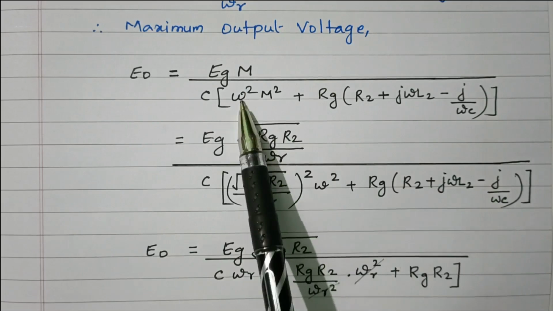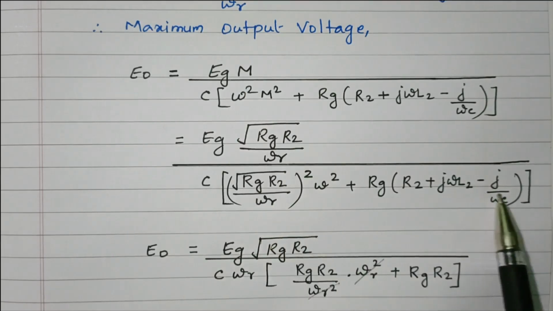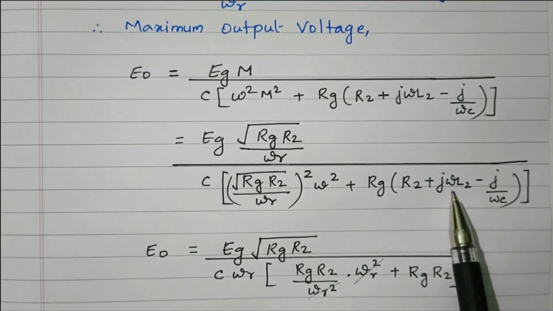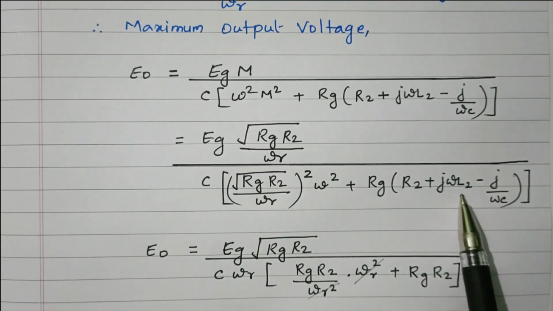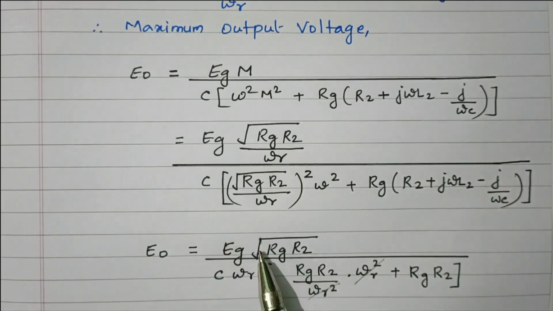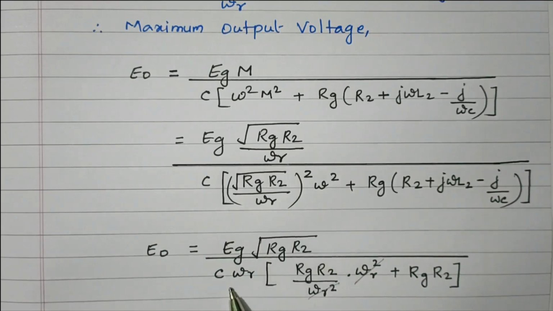Similarly, here also M square is substituted. But at the resonance, this term is 0. Omega L1 L2, j omega L equal to minus j by omega C. So when brought this side, this term is 0. So that Eg square root of Rg R2, this omega R is available in the denominator, right?